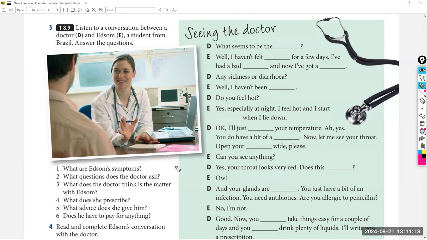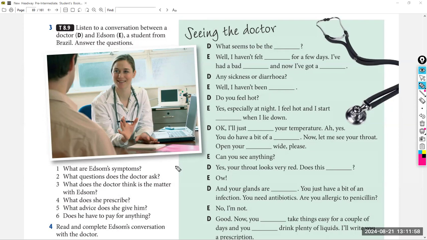Open your mouth wide, please. Can you see anything? Yes, your throat looks very red. Does this hurt? Oh! And your glands are swollen. You just have a bit of an infection. You need antibiotics. Are you allergic to penicillin? No, I'm not. Good. Now, you should take things easy for a couple of days, and you must drink plenty of liquids. I'll write you a prescription. Thank you. Do I have to pay you? No. But you'll have to pay for the prescription. It's £7.20. Right. Thanks very much. Goodbye.